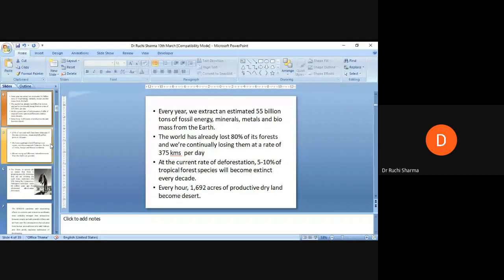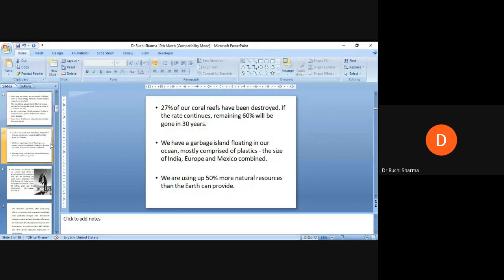At the current rate of deforestation, 5 to 10% of tropical forest species will become extinct every decade. Every hour, 1,692 acres of productive dry land become desert. 27% of our coral reefs have been destroyed, and if the rate continues in the same way, the remaining 60% will be gone in 30 years.